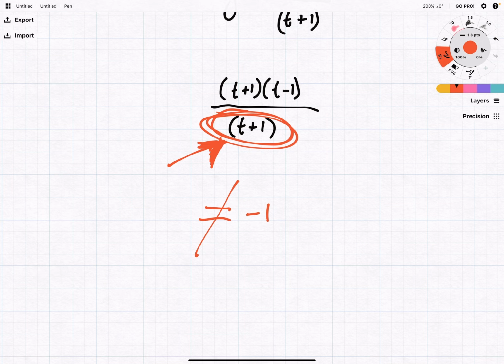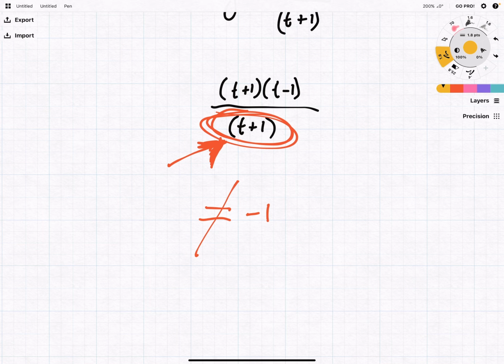And now a big temptation, of course, is to say, oh, well, we've got a t plus 1 here and a t plus 1 here. Why can't we just cancel out the t plus 1s and have a function that's t minus 1? It's a very good question, but it all goes back to the fundamental idea of a function, which is that a function is a rule, and we can't change the rule however we want, right?